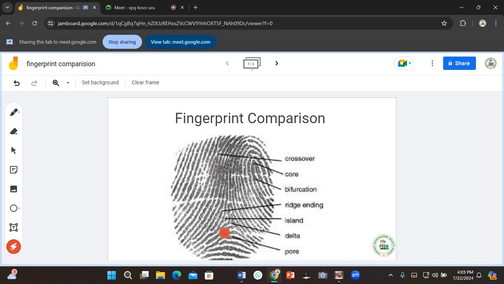So now these are some of the most common ridge characteristics, and we said that ridge characteristics are also known as minutiae. These are the fine details that we can use to distinguish one fingerprint from the other.